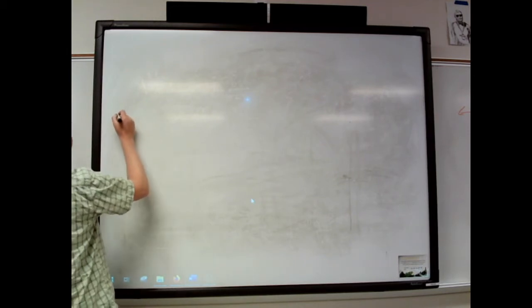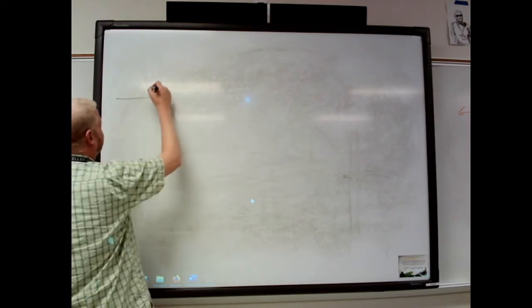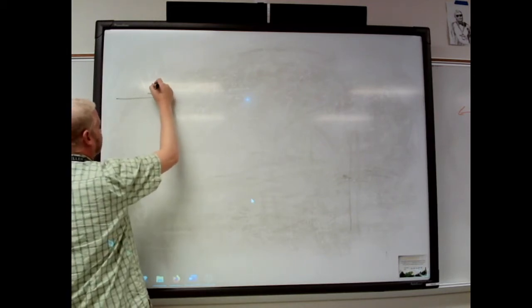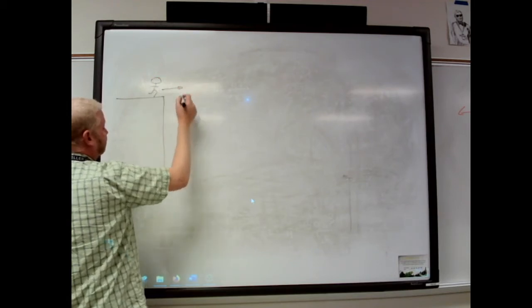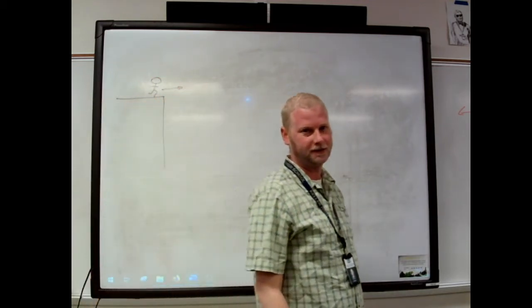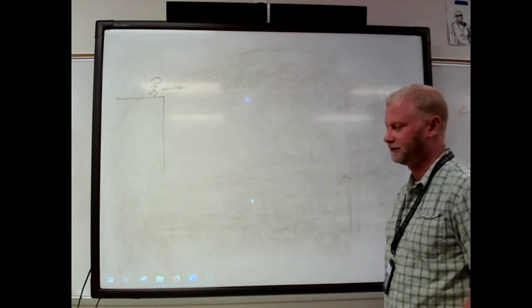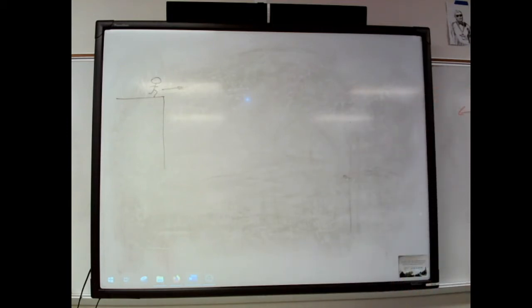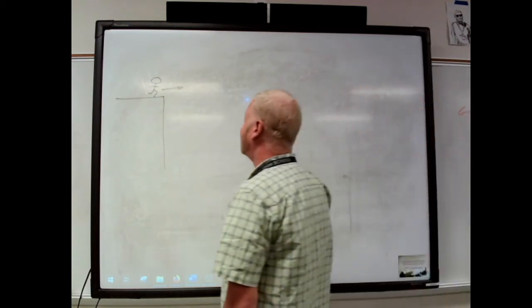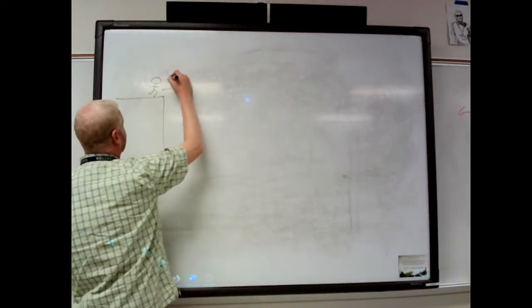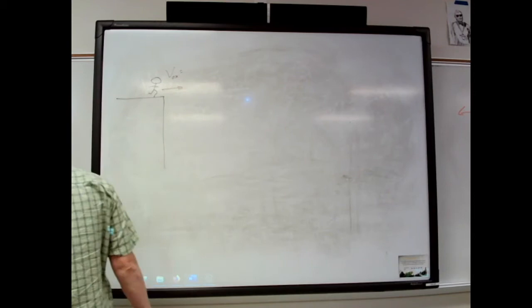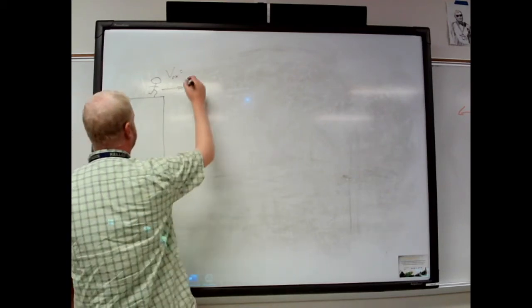Alright, so let's sketch out our scenario. We've got a guy who leaps directly horizontally out. He has an initial velocity in the horizontal of 3.3 meters per second.